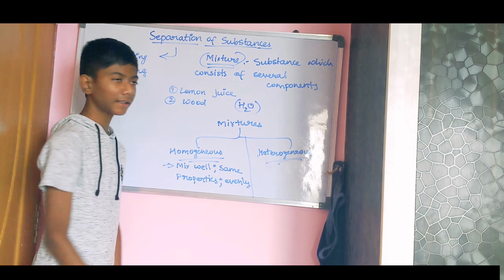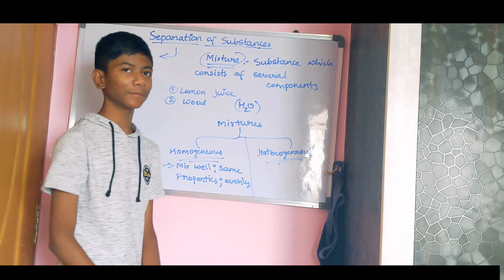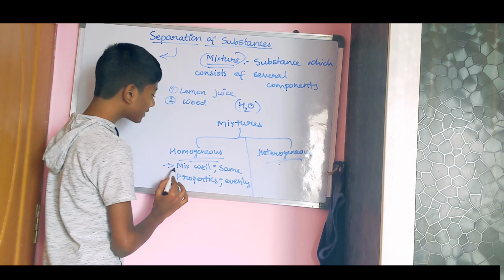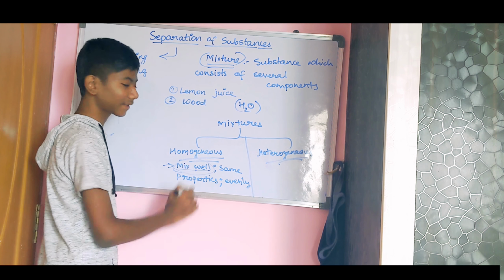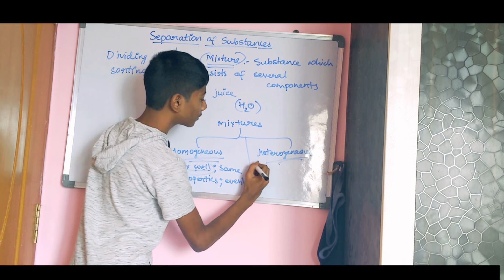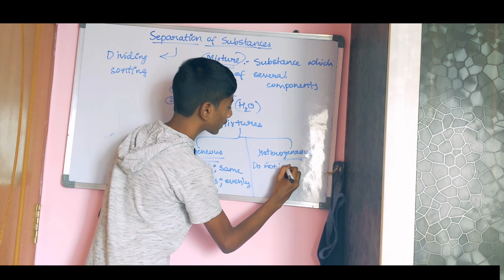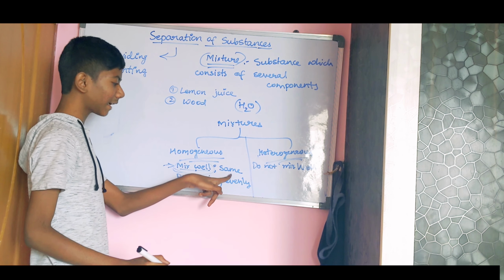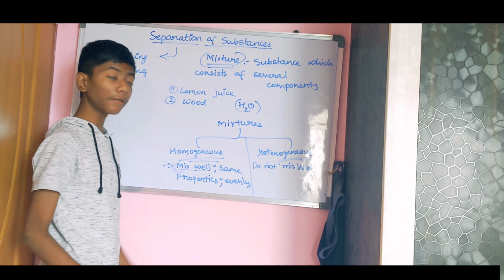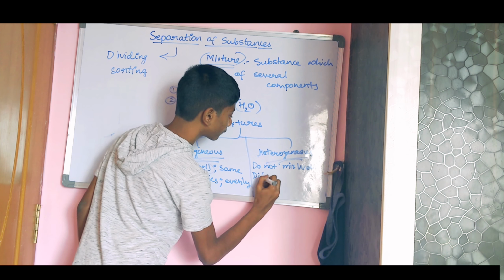I think you can guess the definition of heterogeneous mixture also. So, heterogeneous mixture. In homogeneous mixture, components will mix well. Here, components do not mix well. And they are of same properties, but here they are of different properties.